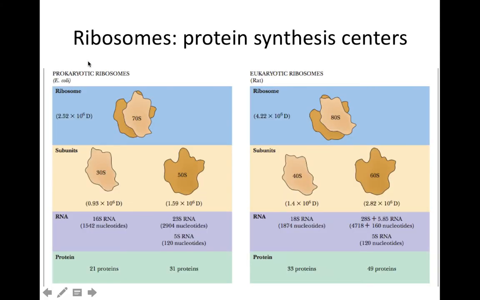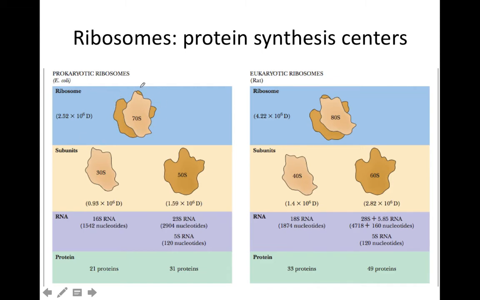Okay, so now that we have our tRNA charged, we can proceed to translation. So we're going to start with translation in prokaryotes first. Translation occurs in ribosomes, so they are the protein synthesis centers, or your protein factories.